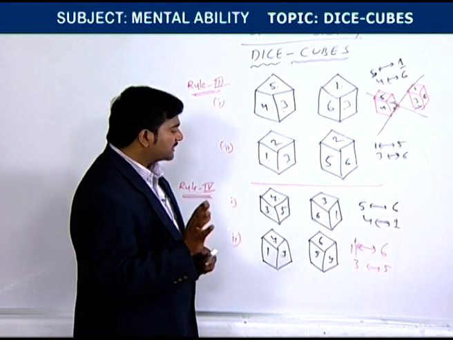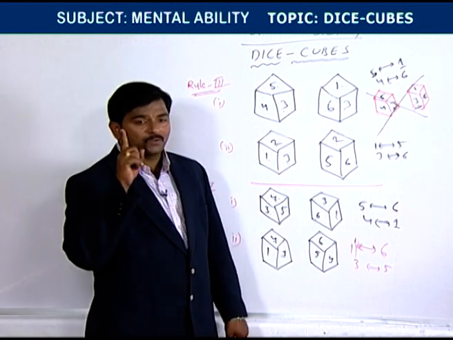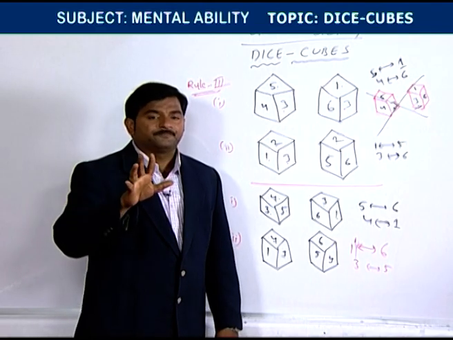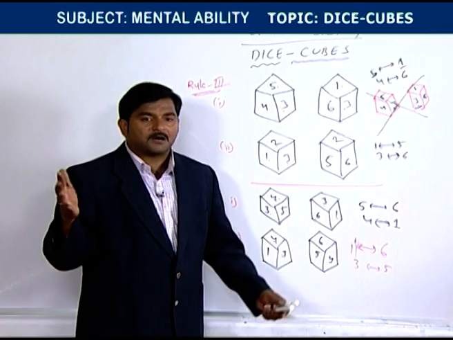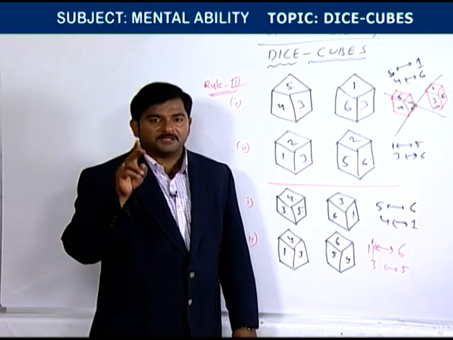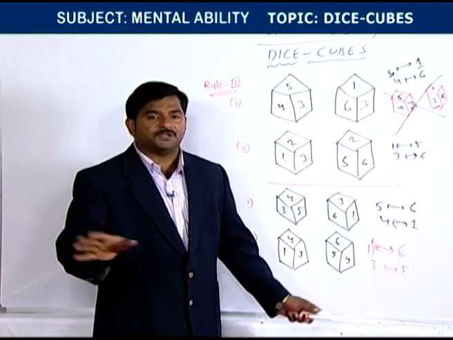Okay. Once again I need to focus on these 4 rules, then we will start the bits. Rule 1, one number common, writing all the numbers adjacent to that, one number left, that number and this common number are always opposite to each other. In rule 2, two numbers must be common, eliminating those two numbers, the remaining numbers are always opposite to each other.